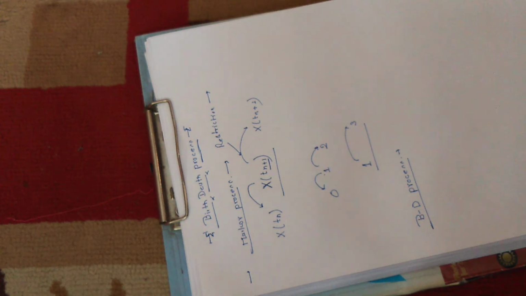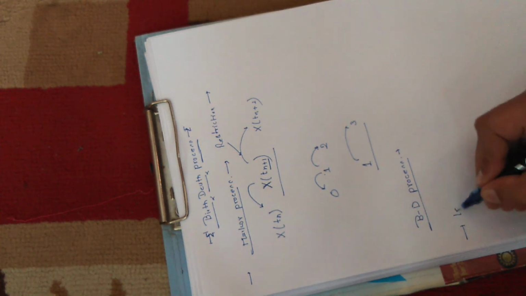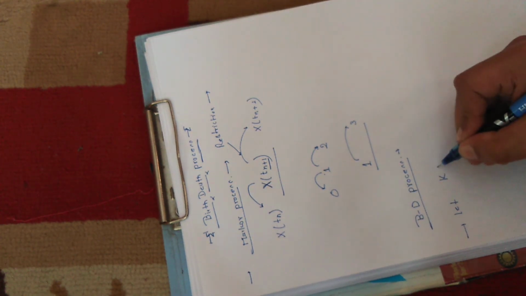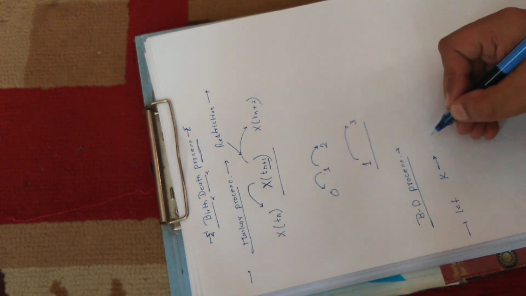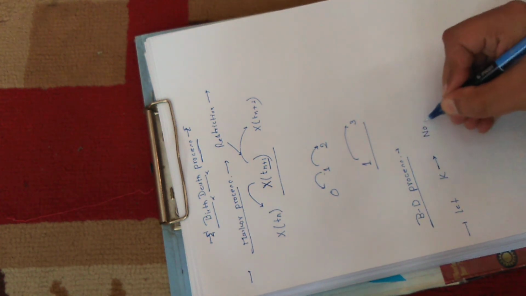It is customary to talk of population in a BD process. Let k be a random variable which is the number in population.